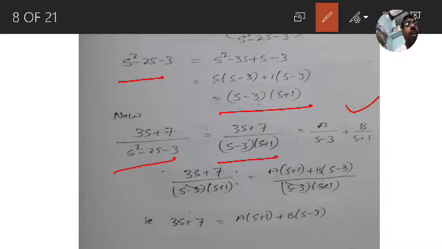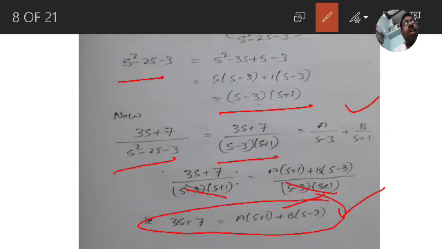Now take the LCM, s minus 3 into s plus 1: A into s plus 1 plus B into s minus 3. Cancel the denominators and equate the numerators. 3s plus 7 is equal to A into s plus 1 plus B into s minus 3.